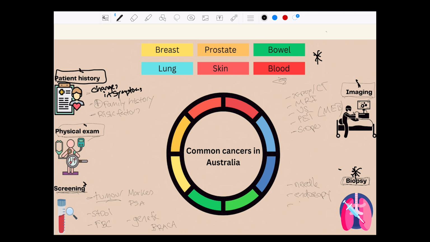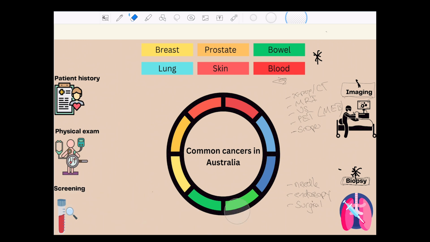We could be doing it through surgical excision, and that could be an excision, so removing essentially the whole lot of the tumour, or an incision, which is removing parts of it. Okay, so that's all the generic approaches that we could use for cancer investigations to, as I said, diagnose or rule out the possibility of cancer.